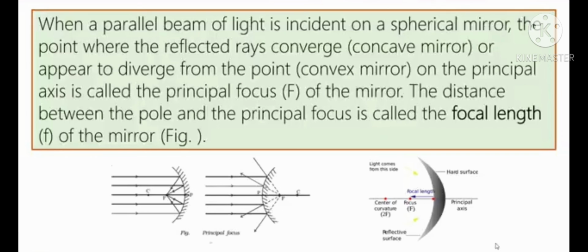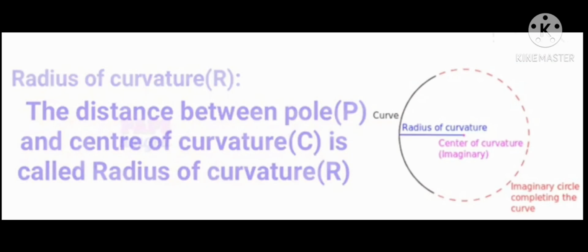That point is known as principal focus. In the case of convex mirror, the parallel beam of light gets diverged. But if we extend the reflected rays, they will meet at a point. That point is known as focus. If the focus is on the principal axis, then that focus is known as principal focus.